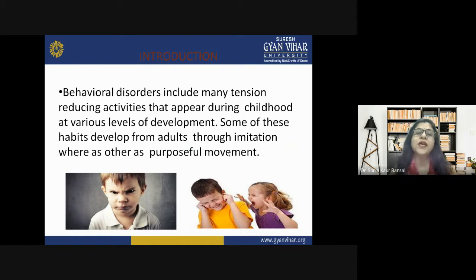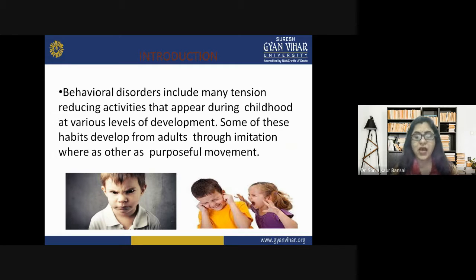So what are the behavioral disorders and how are they going to affect their studies? It is very important for all of you to understand it, because unless you understand their behavioral disorders, you are not sure that you are going to teach them in a proper way. Where there is teaching, there certainly will be learning also, but learning is a great challenging task.